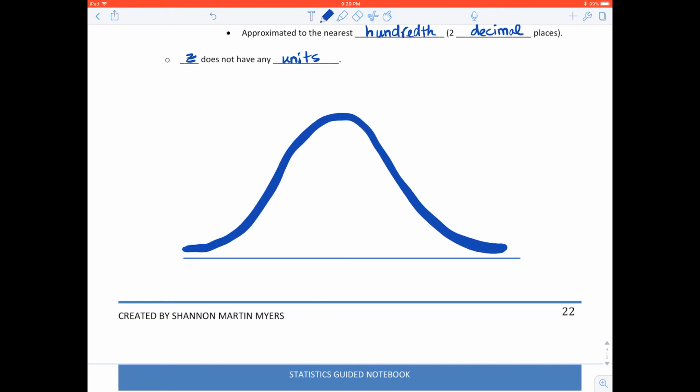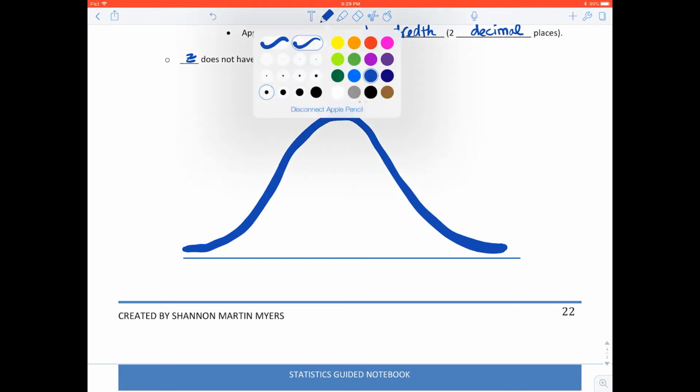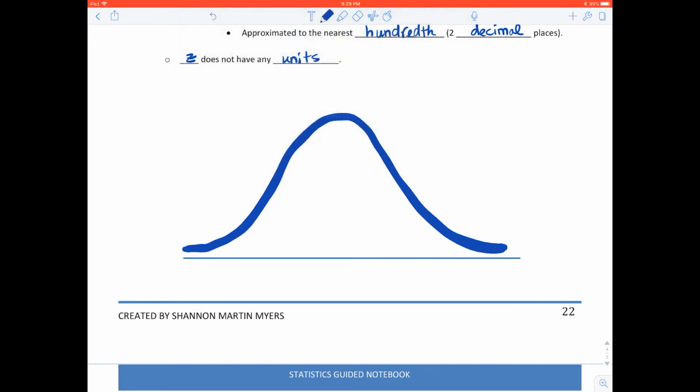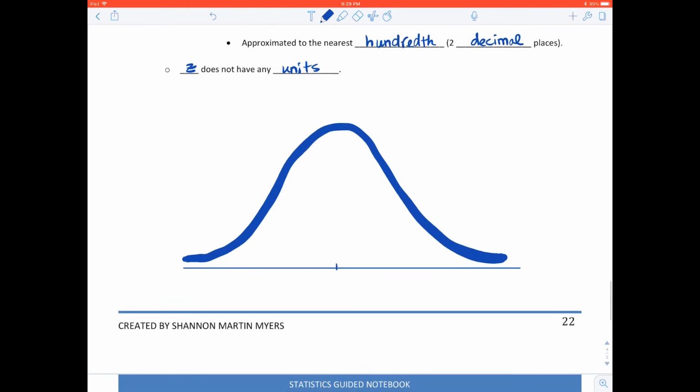All right, so you have your nice normal curve, and let's get the pen back smaller. So here, exactly in the center, you end up having a z-score of 0, right?